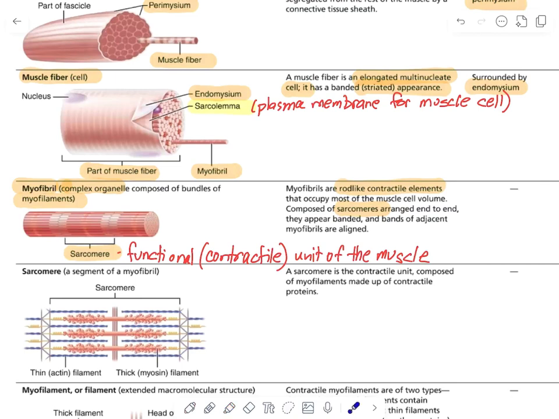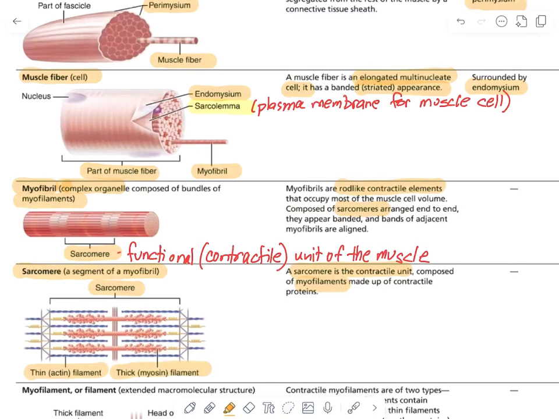Now we're looking at just the sarcomere on this last row of the table. The sarcomere is a segment of the myofibril, and it is the contractile unit. It has myofilaments, a thin filament and a thick filament.